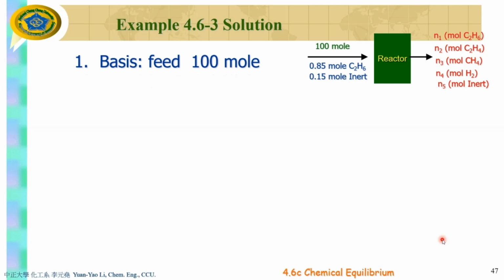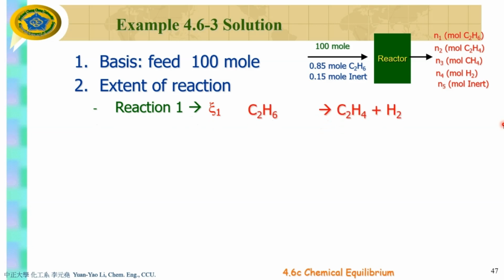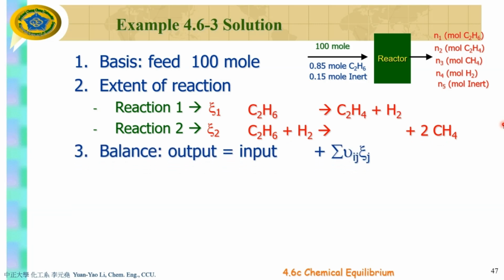So the basis is 100 mole, and you draw the flow, and you know that you need to write down the extent of reaction, which is Xe1 and Xe2. Remember this, okay? So you have balances. You want to use the mass balance, which is output equal to input plus summation nu times Xe.